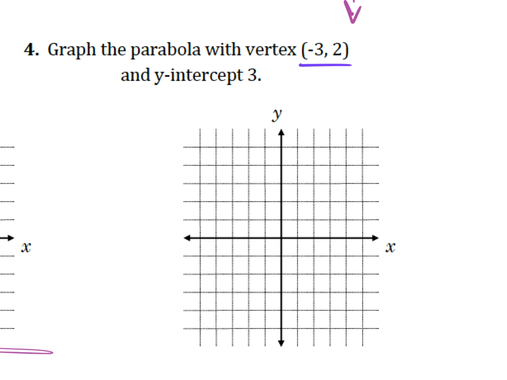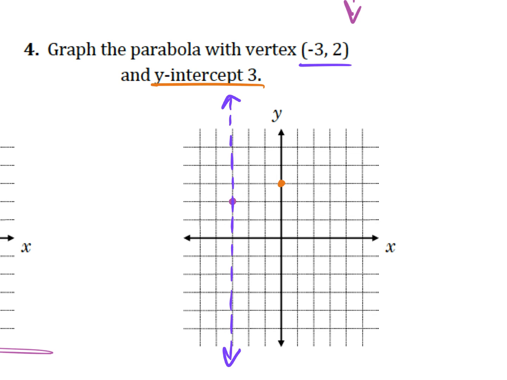Okay, so if we go -3, 2, there's your vertex, right? So where's your axis of symmetry? -3. At -3. X equals -3. That's this line. Okay, so make sure you draw that in. And then with a y-intercept of 3, 1, 2, 3 would put us there.